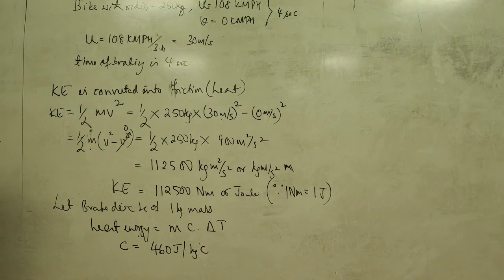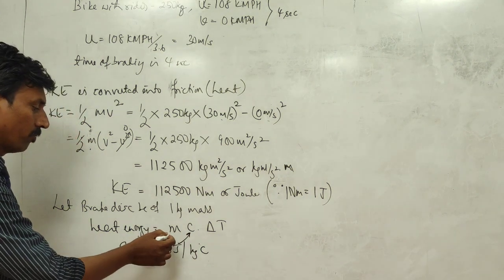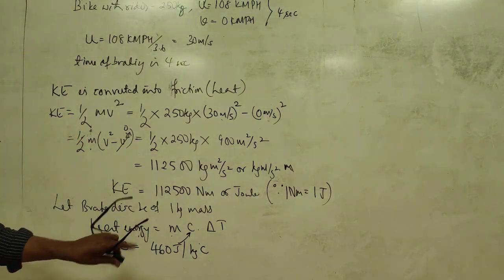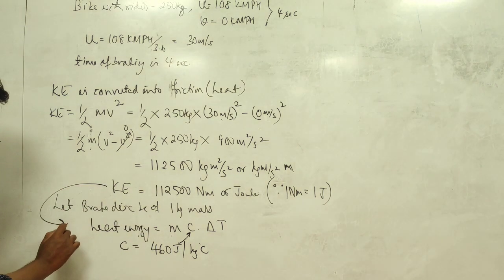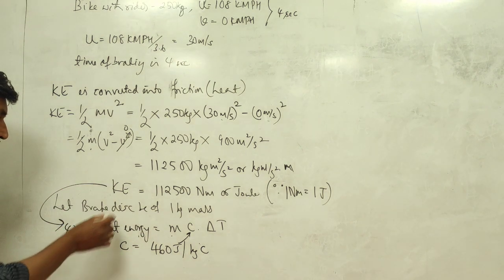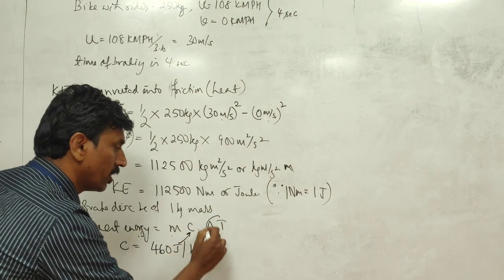So you know the c, you know what is m. Now what is the weight of the brake disc? 1 kg. So if around 40% of the kinetic energy is going as heat, then what would be the rise in temperature delta T?